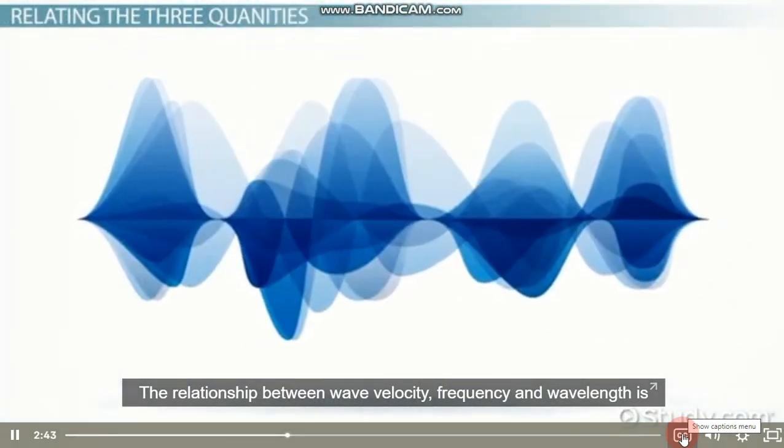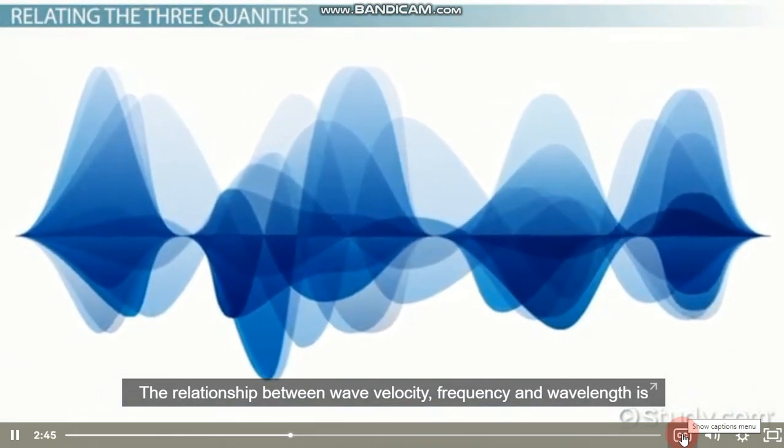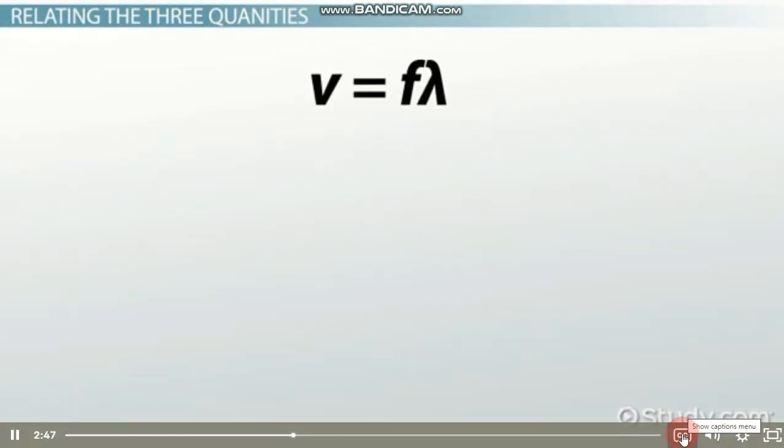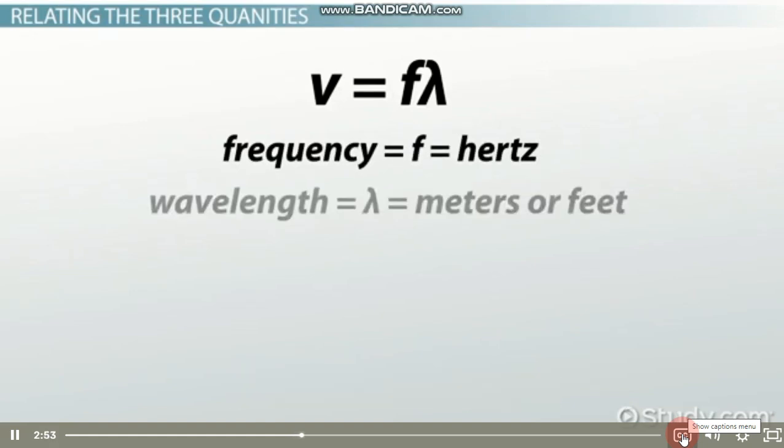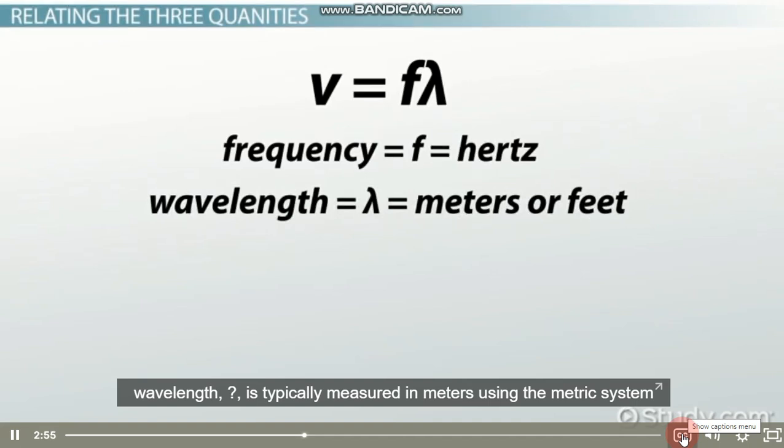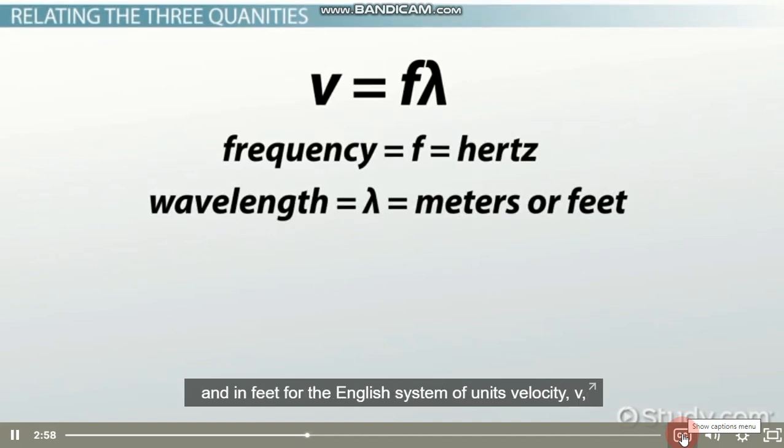The relationship between wave velocity, frequency, and wavelength is v equals f times lambda, where frequency, f, is measured in hertz. Wavelength is typically measured in meters using the metric system and in feet for the English system of units.